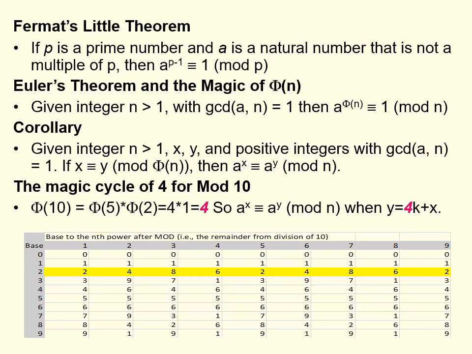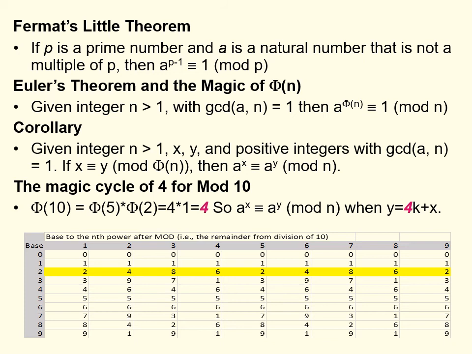So basically we can say that if x and y share the same remainder when divided by 4, then a to the x and a to the y will have the same remainder mod 10. So that's the long way of looking at it, right? You can see in the mod 10 problems that the theory just applies, and this is where the magic number 4 comes from.